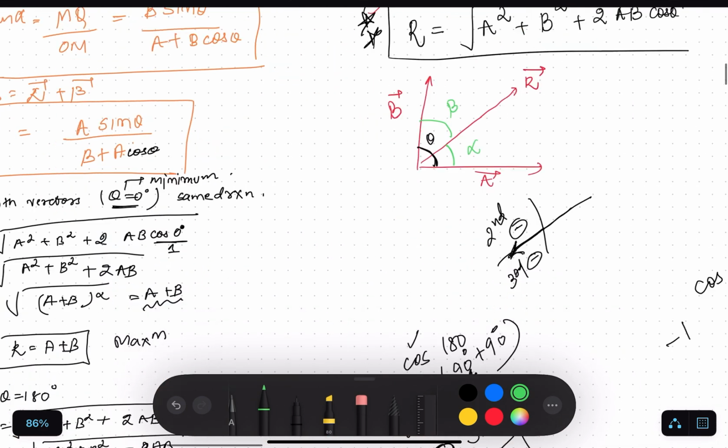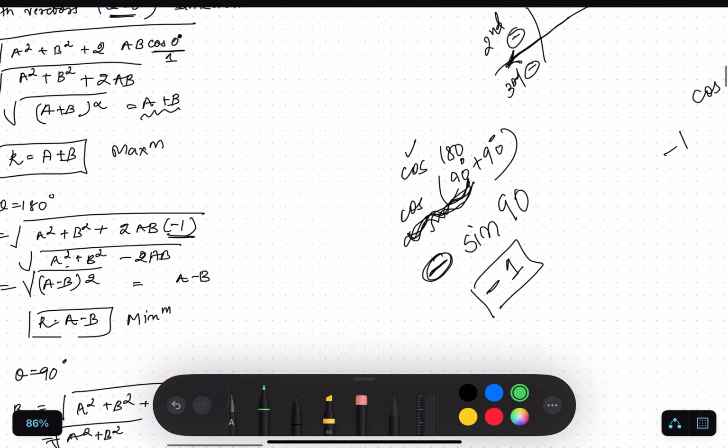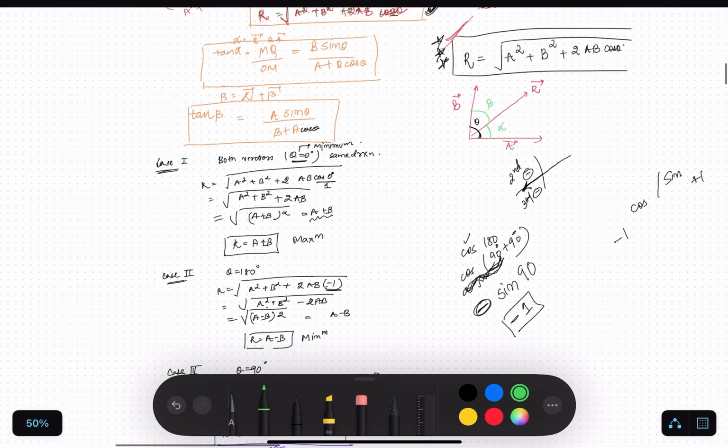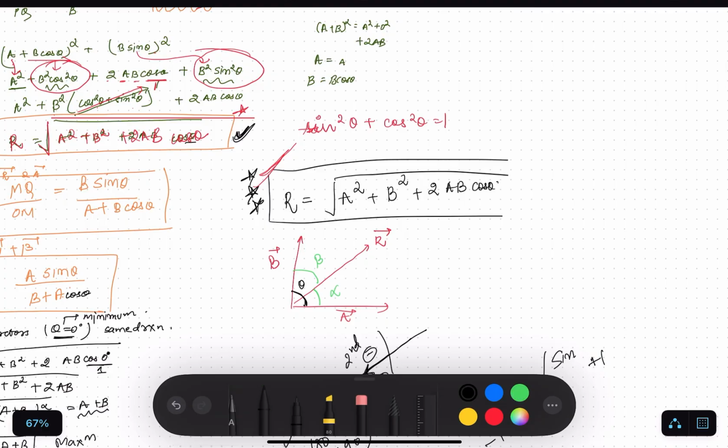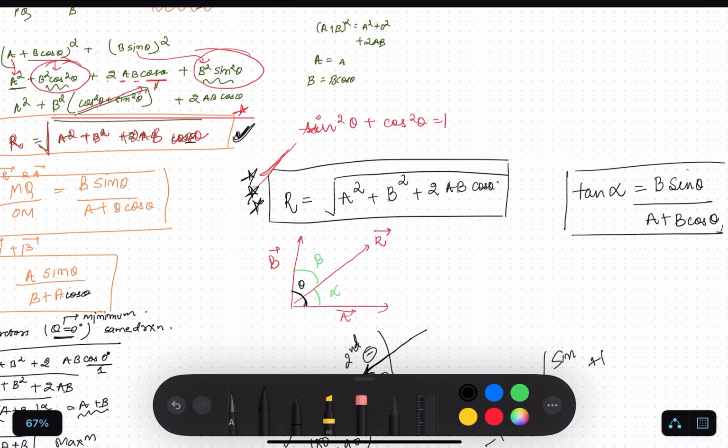So this is the second formula that you are going to copy in your notes book: tan alpha is equal to B sin theta upon A plus B cos theta. This is the second formula that will give you the angle alpha.